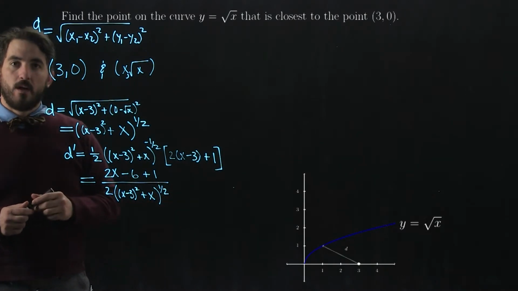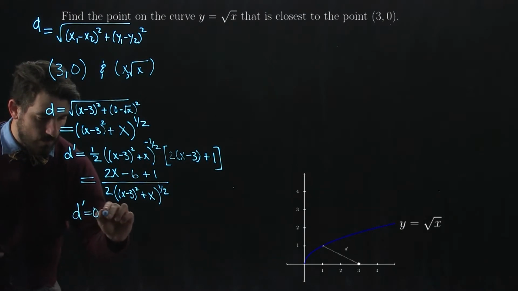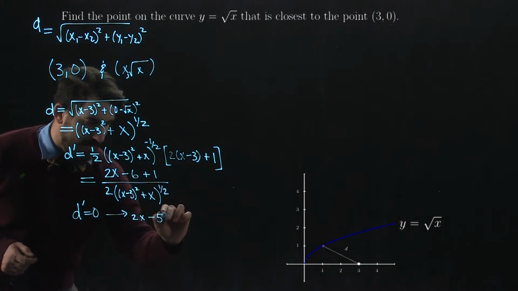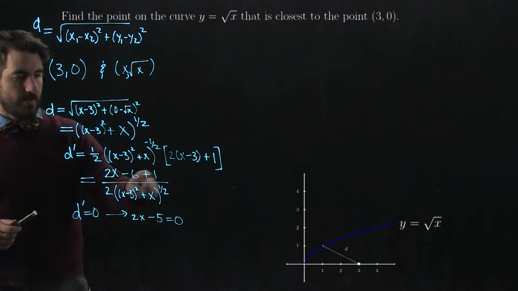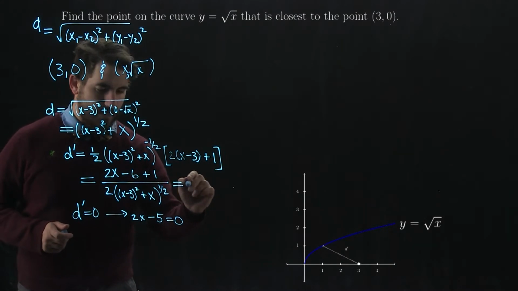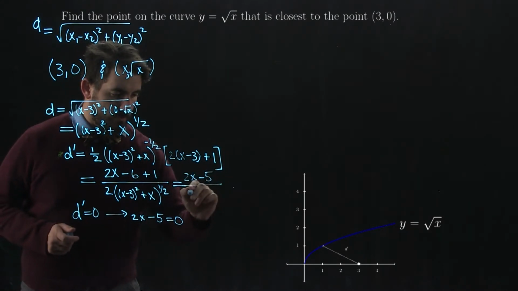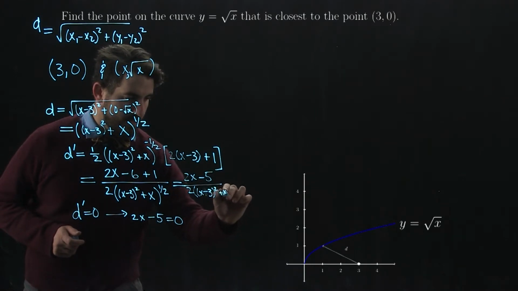Now, the derivative, d prime, equals 0 whenever 2x minus 5 equals 0. The 2x minus 5 is what happens when I reduce this. So let me rewrite that here: 2x minus 5 all over the stuff downstairs, which is (x minus 3) squared plus x, to the 1/2.